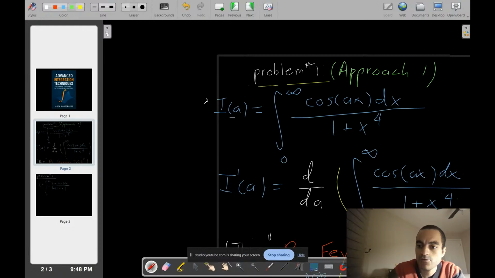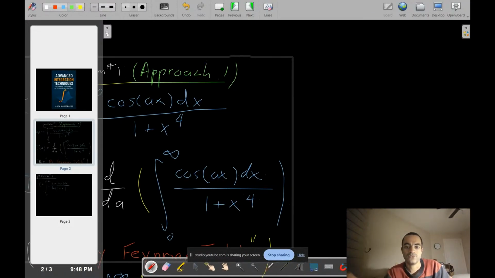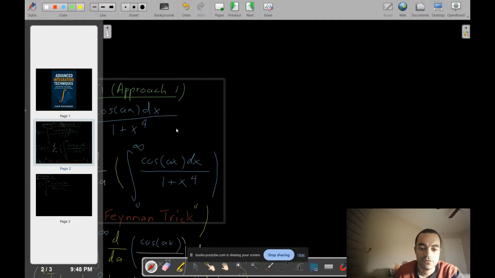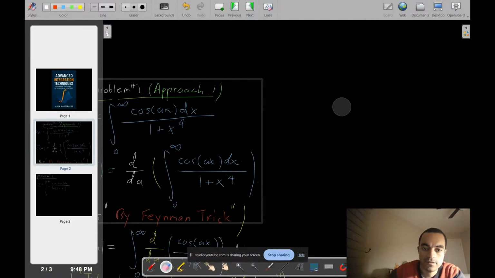I'm also going to show you another approach to do this using contour integration. Problem 1, approach 2 now, for the same thing. Maybe I have to make some room over here.